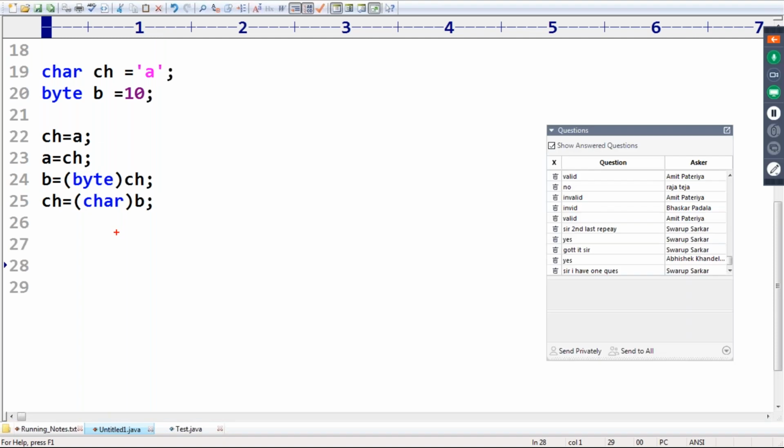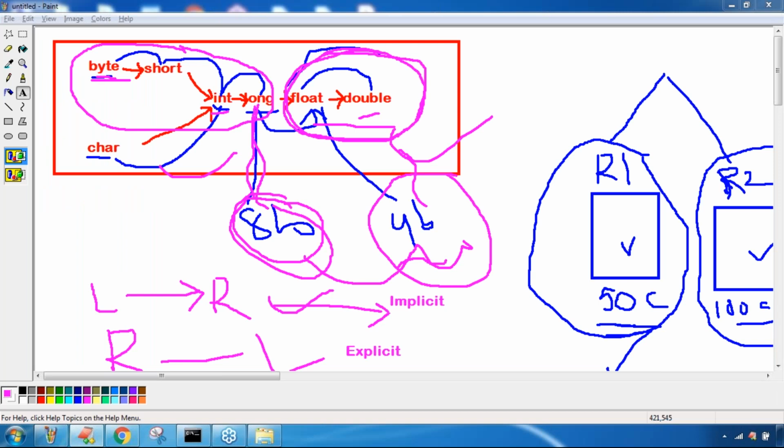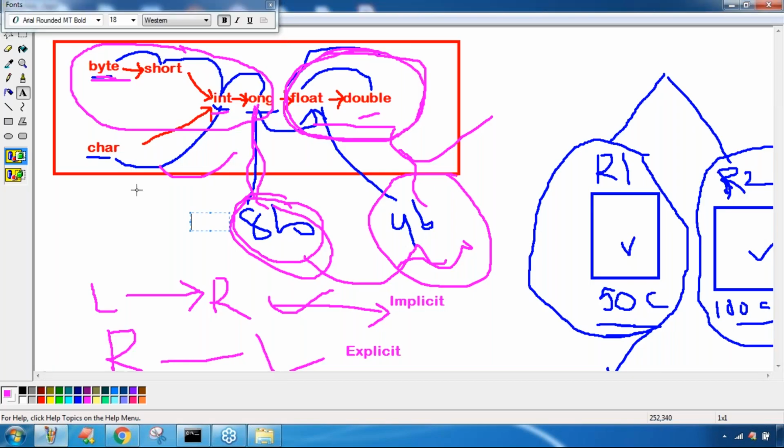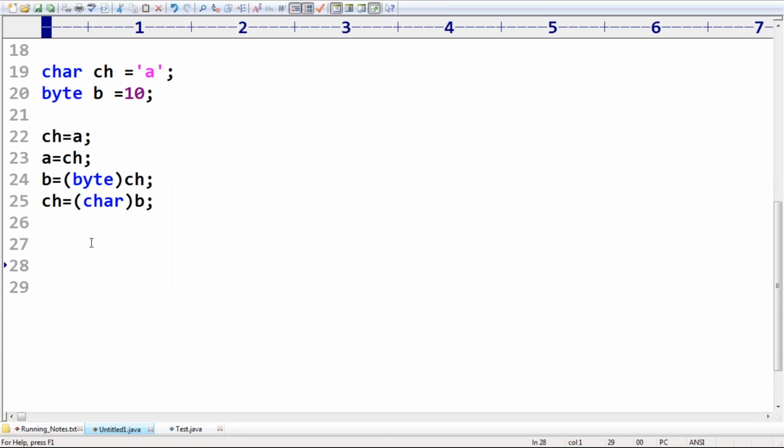Very simple, sir. Now in our diagram, observe that from byte to char I didn't draw anything. What may be the reason? Char is how much size? Char is 2 bytes, and it is an unsigned data type.